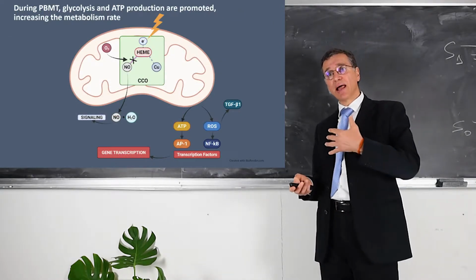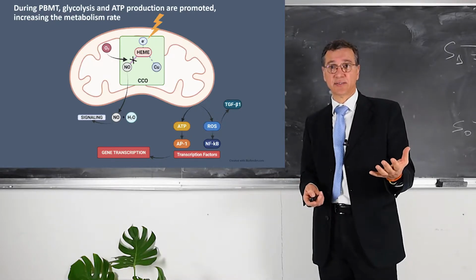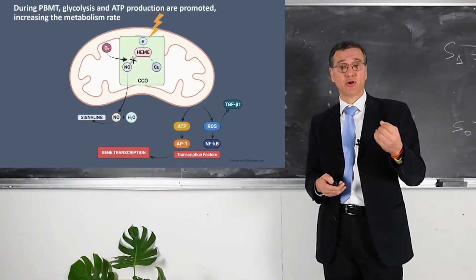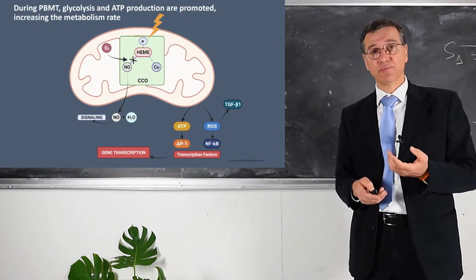What happens when the light invests cells? Well, it invests all the compartments of the cells and invests also the mitochondria. The mitochondria has inside a very important component, which is the cytochrome.